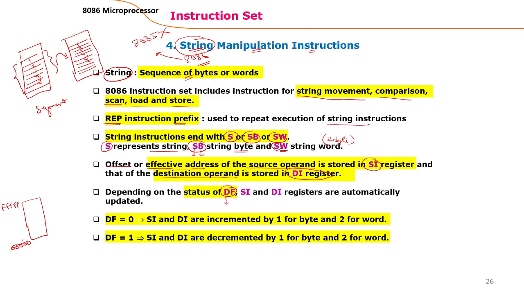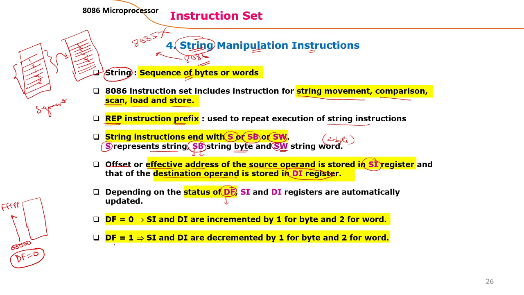If we perform a string operation such that the memory address is in increasing order, it is called an auto incremented string operation, performed when DF equals 0. If the direction flag is 0, the source and destination offset addresses will be increasing.